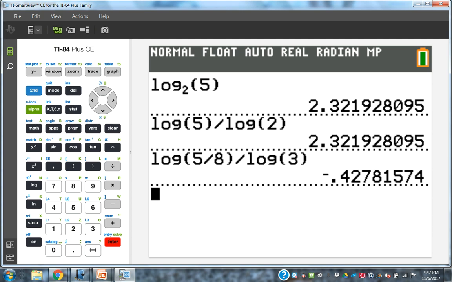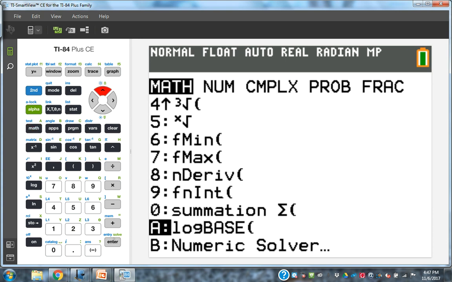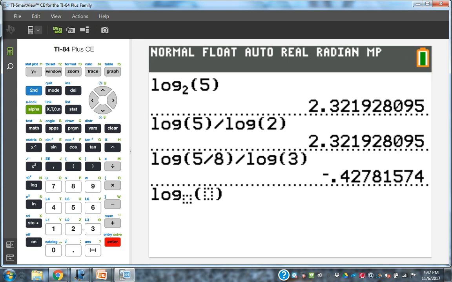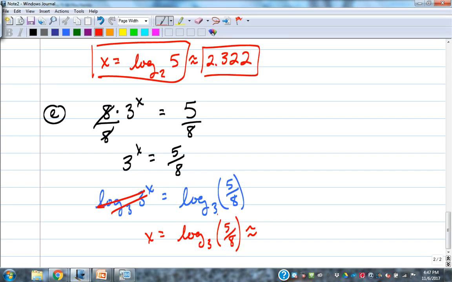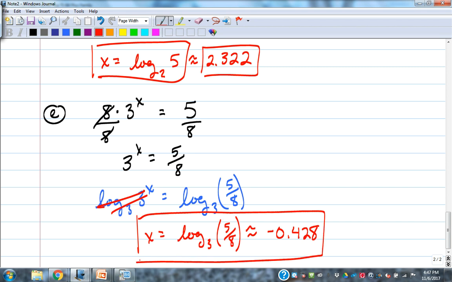Or if you did the log base trick, log base 3 of 5/8, it's the same number, negative 0.428. Not too difficult. Yet.